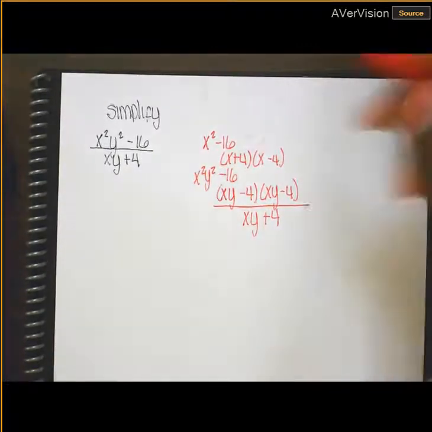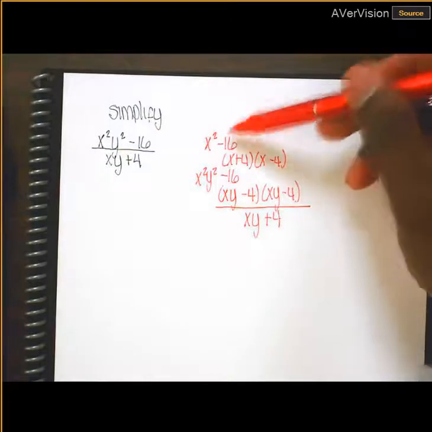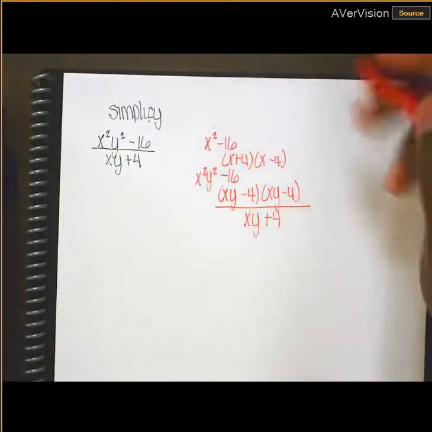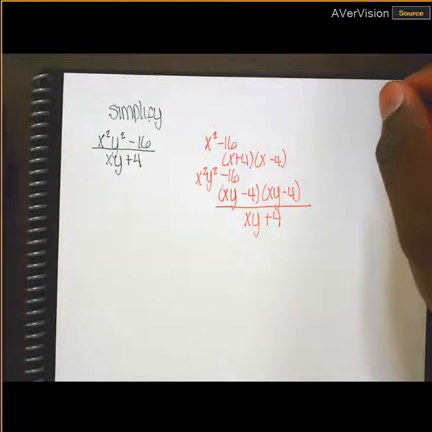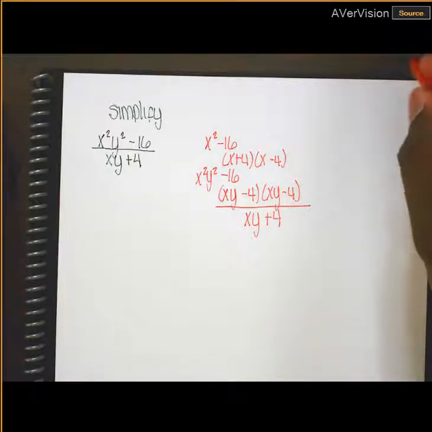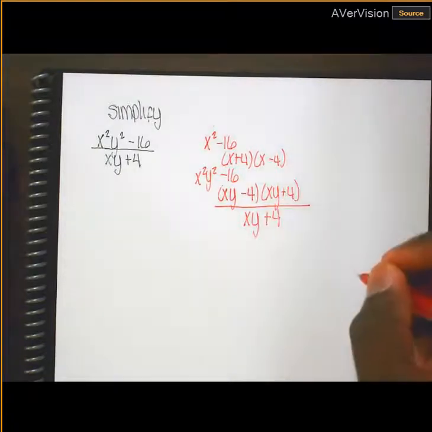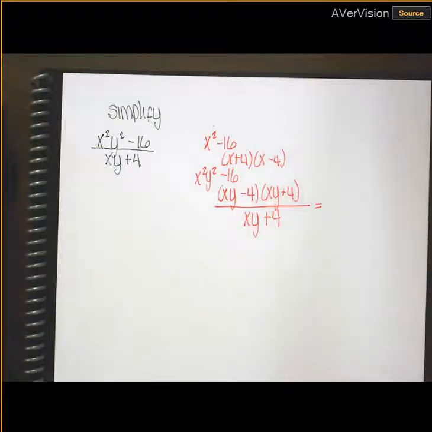All right, so as long as they're both being squared, you're allowed to treat it as if it was just one thing being squared. It's going to work the exact same way. Does that make sense? One of these should be plus. All right, so this simplifies down to what?